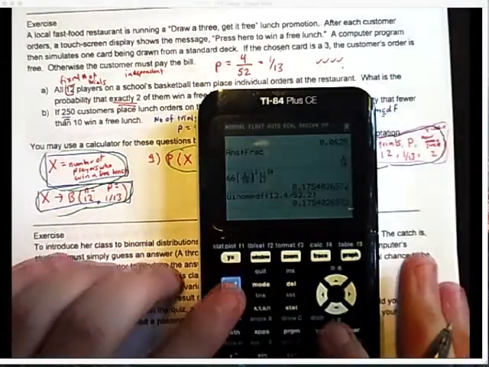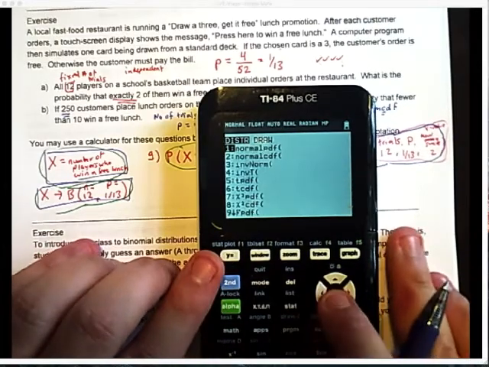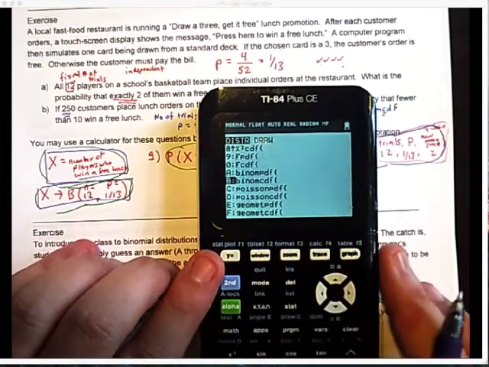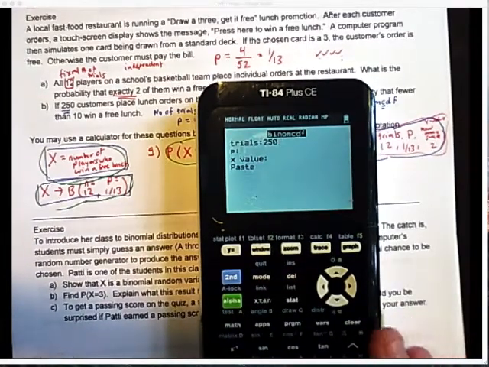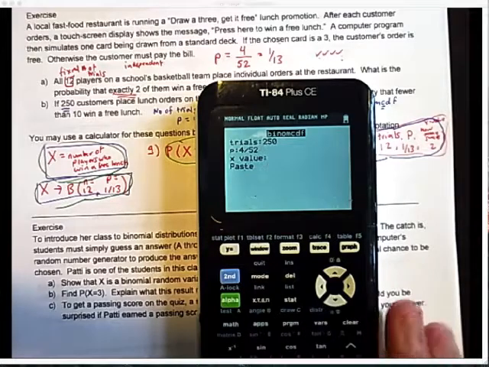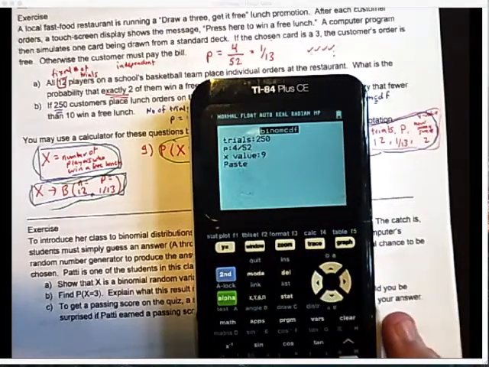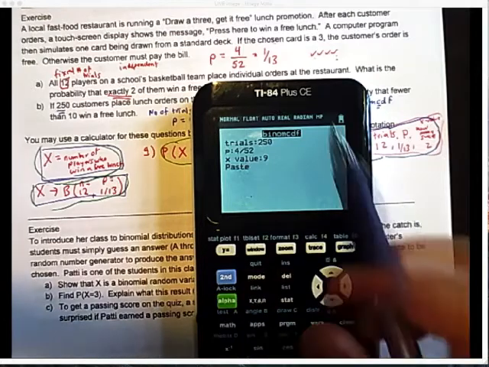All right, so if I go under my distributions menu to Binom Cdf, which is cumulative, I have 250 trials. The chance that I'm going to win is 4 out of 52, and I want to put 9 in as my value because, again, it's cumulative.